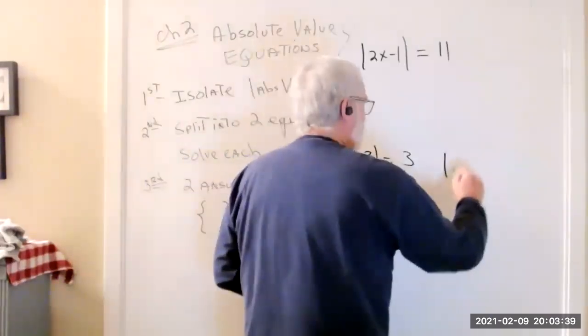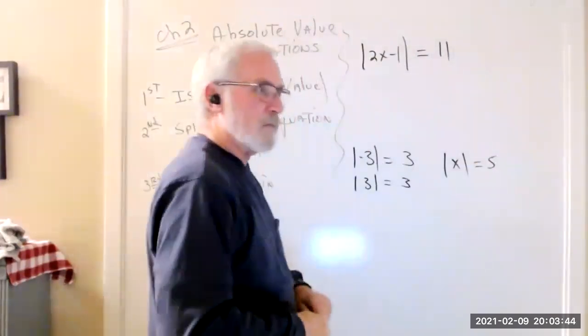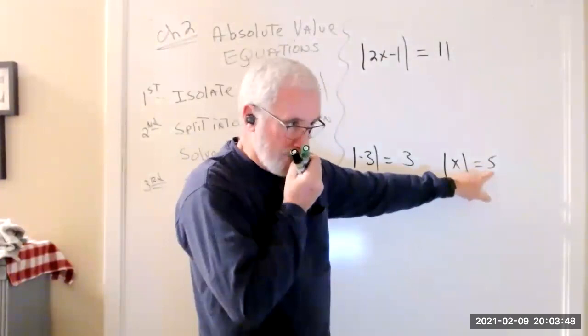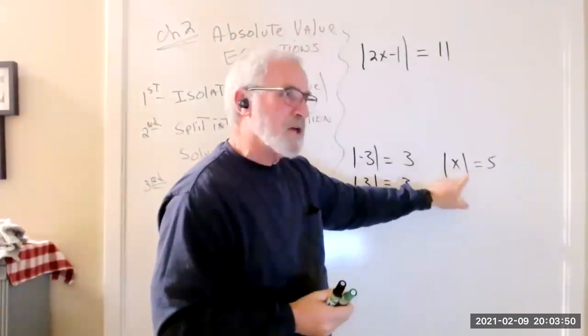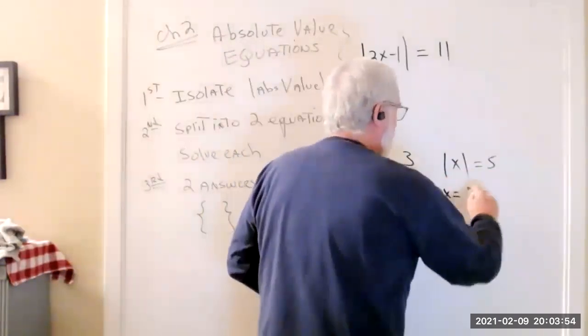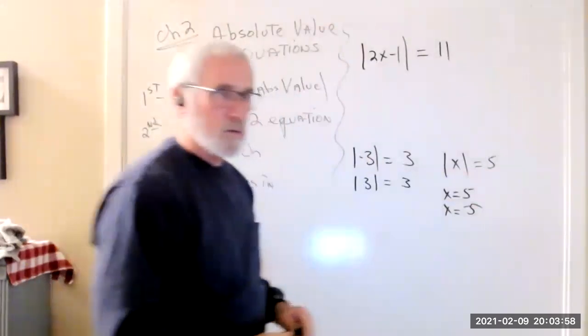So think about this. What if I said the absolute value of x is 5? The answer is 5. But what could have been inside here? x could have been 5, or x could have been -5. We don't know.